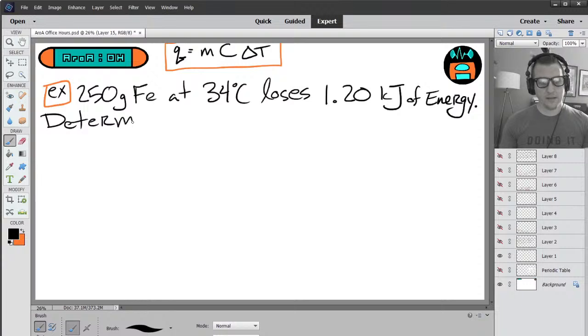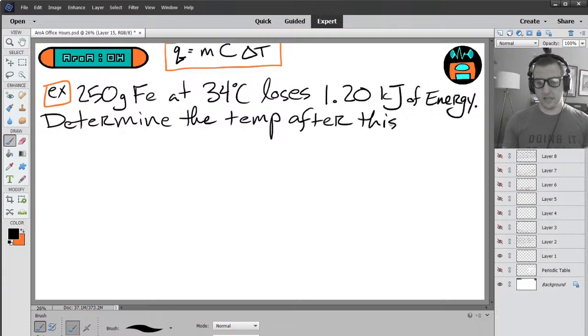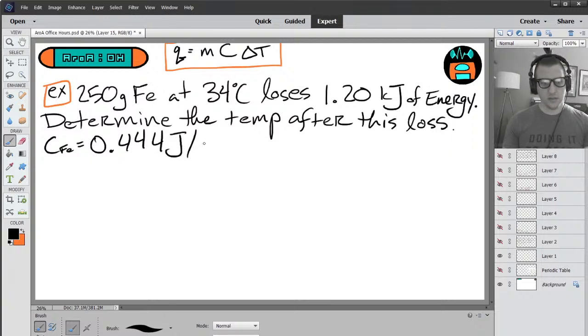Determine the temperature after this loss. And the specific heat capacity of iron is 0.444 joules per gram degree C.